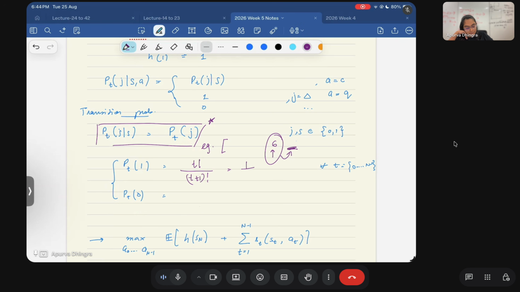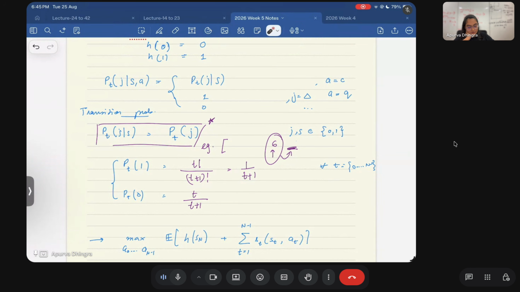So that gives you just 1 by t plus 1. Why did I do t factorial? I already got the candidate which is better than the previous one. Best so far. If I didn't get that, the remaining would just be t divided by t plus 1. Notice here t is starting from 0 and going all the way till n minus 1.